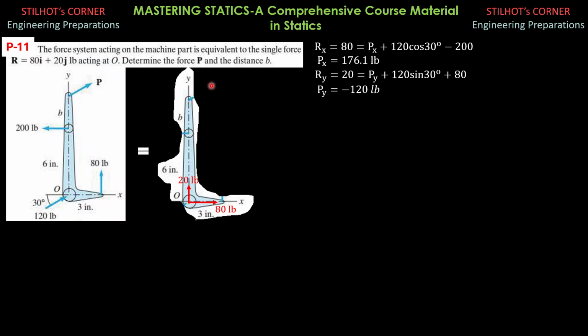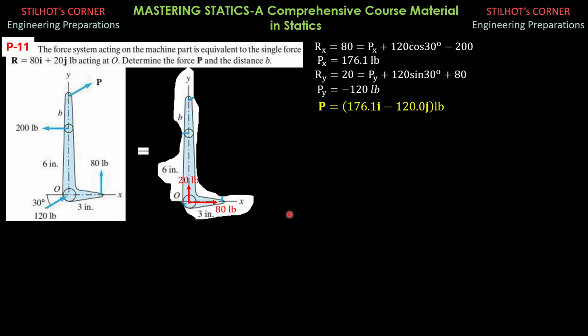So P in vector form is equal to 176.1i minus 120j pounds.